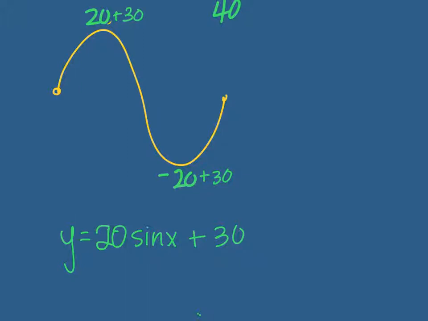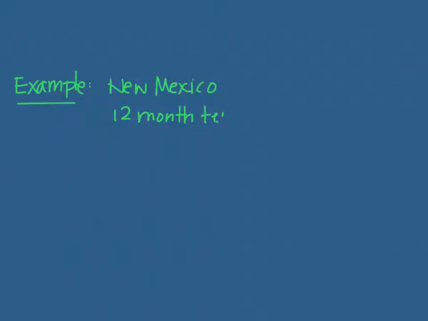All right, let me try another one with you. New Mexico. 12-month temperatures. So January through December.